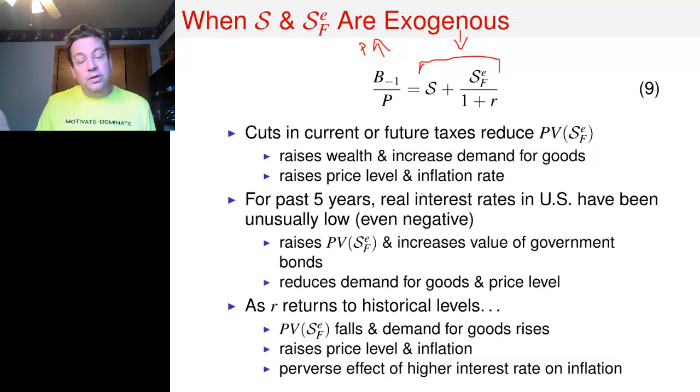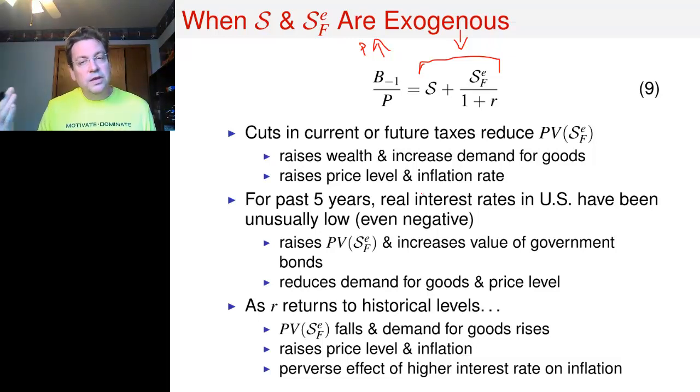But real interest rates, we assume, will eventually return to historical levels, which are sort of in the neighborhood of 2 to 4%. And when that happens, this present value of surpluses is going to fall. Bonds are going to become less attractive. People are going to substitute out of holding bonds and into buying goods, and that's going to drive up the price level and inflation.